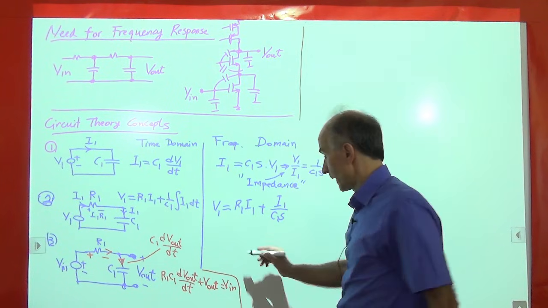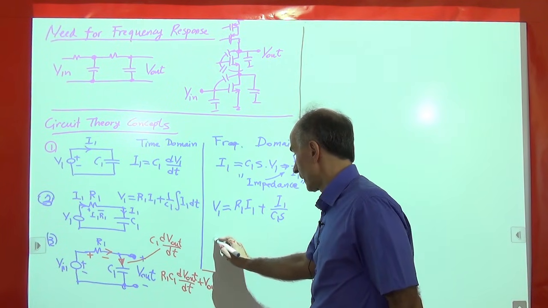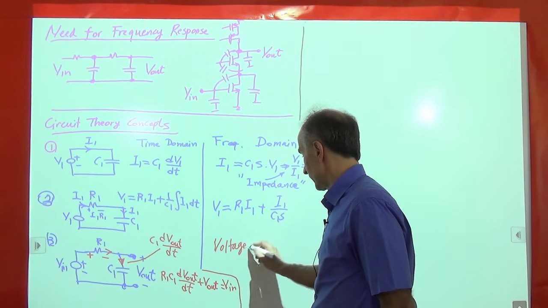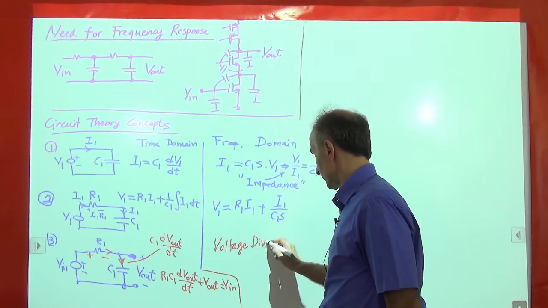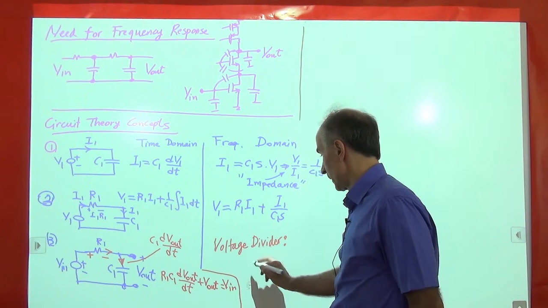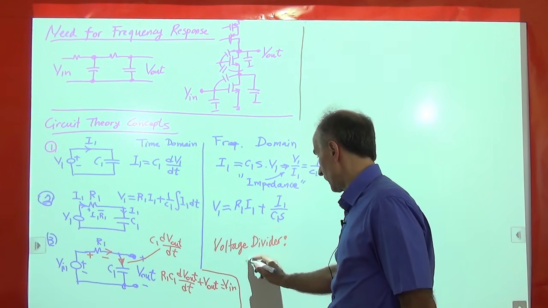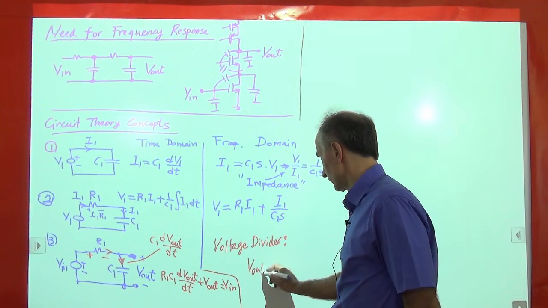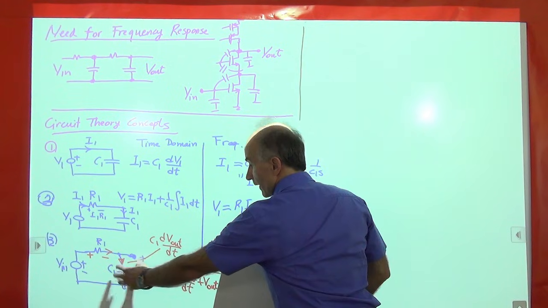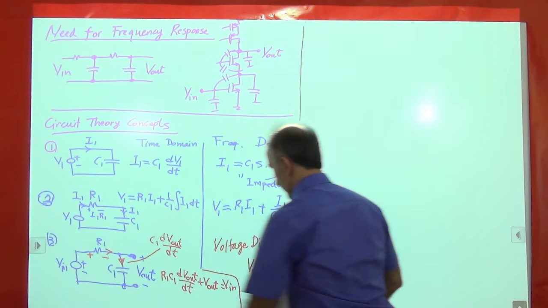So in the frequency domain, it's a voltage divider, and what we have is V out is equal to this impedance divided by this impedance plus this impedance.